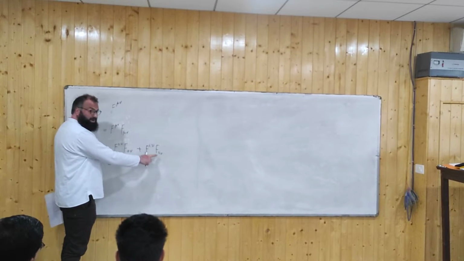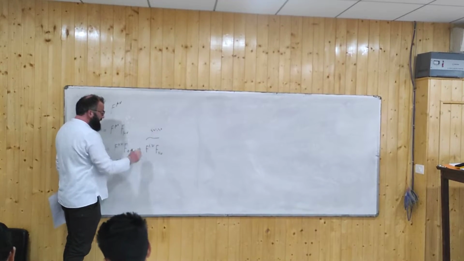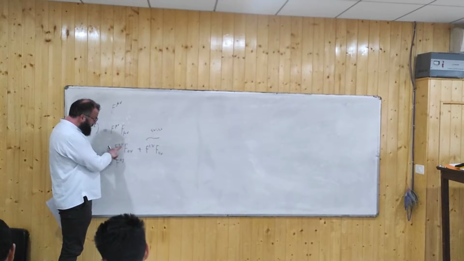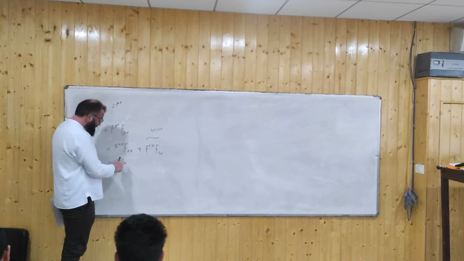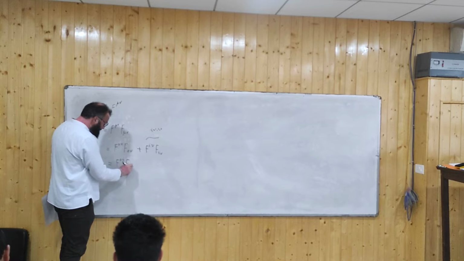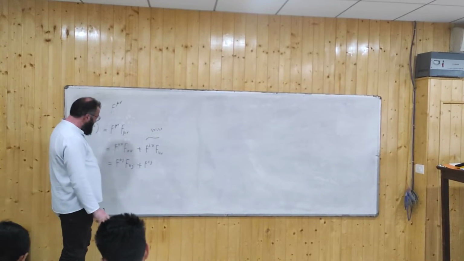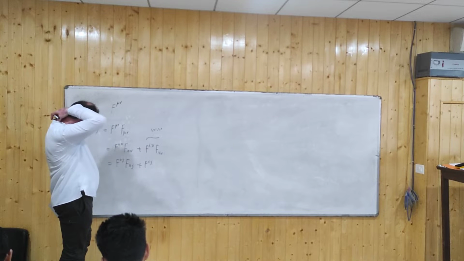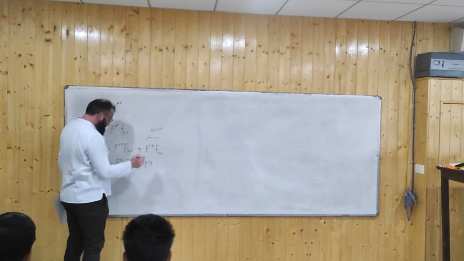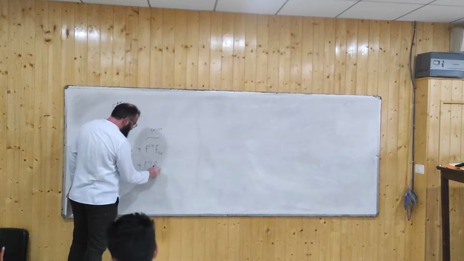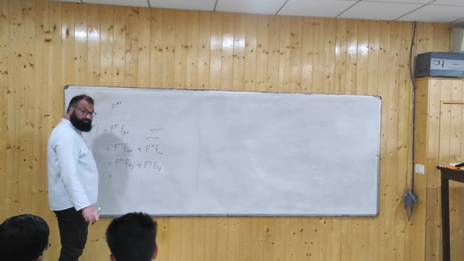Here i goes from 1 to 3, so in this case i is 1, 2, 3. Clear? So now if I sum over nu, nu equal to 0 will be f00, that is 0. So it is f0j plus fij. Clear? Now tell me what is f0j?